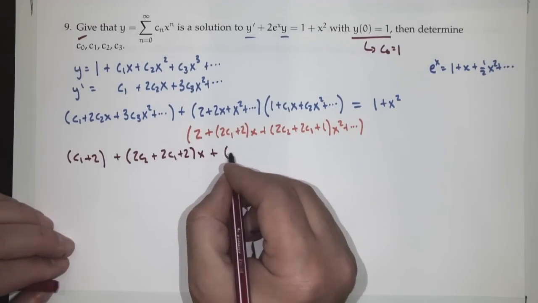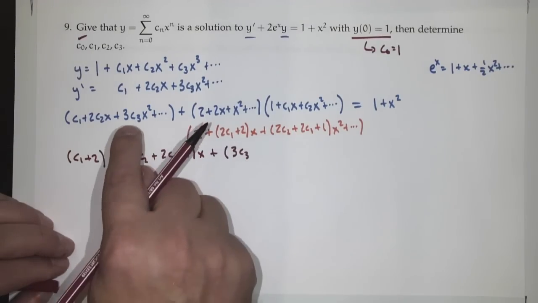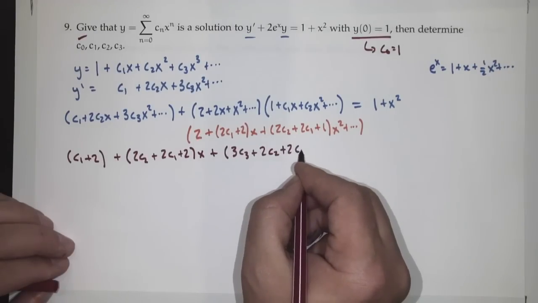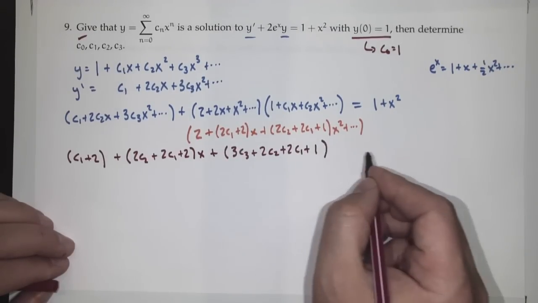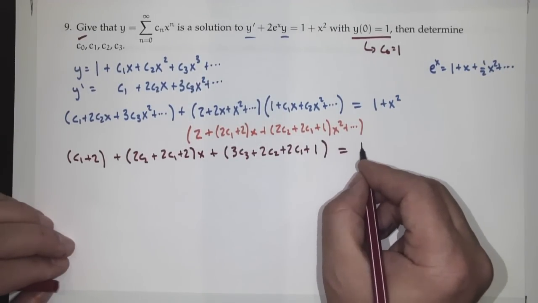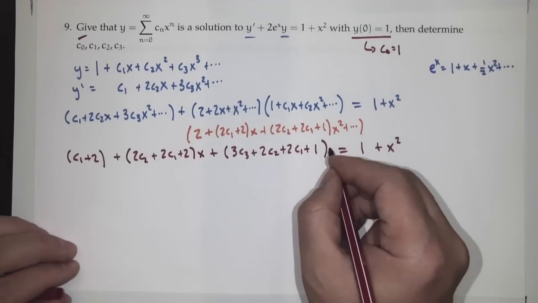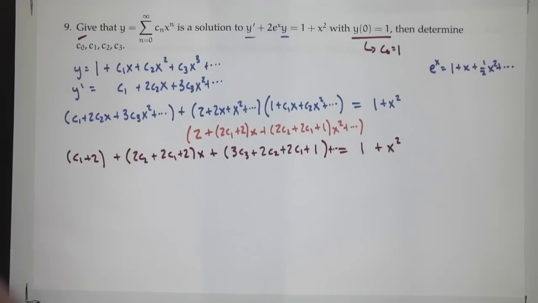Our coefficient for x squared, 3c3, and then 2c2 plus 2c1 plus 1 equals 1 plus x squared. Oh, and I should have put in here plus dot, dot, dot. The plus dot, dot, dot says there's other stuff. Don't worry about it. We don't need to look at it.